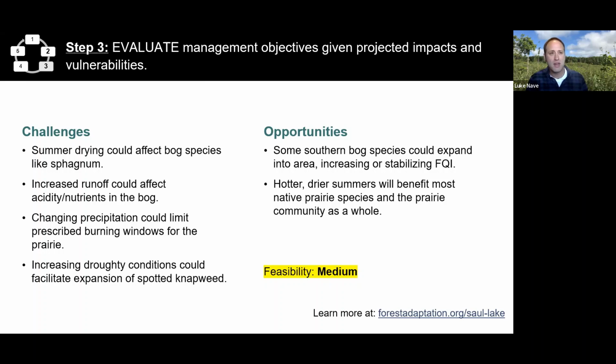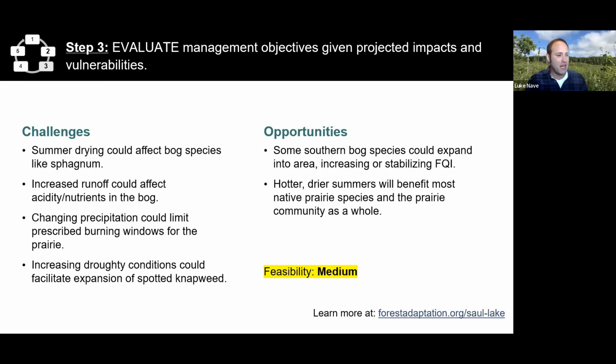Spotted knapweed is a semi-parasitic plant that steals nutrients from the roots of especially grasses, prairie grasses, and of course really vigorously competes for cover as well, limiting the ability of more conservatively growing native grassland species to remain present within these prairie communities. So these are 4 challenges that they identified as a result of climate change regionally and as filtered through the lens of the project area.